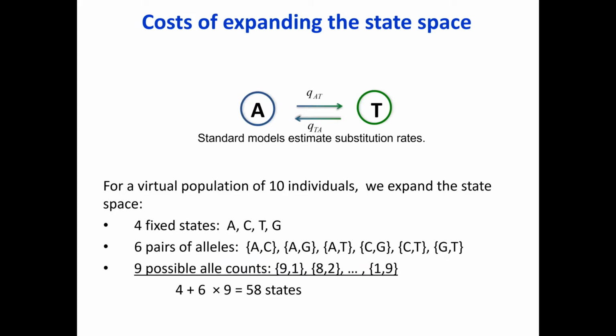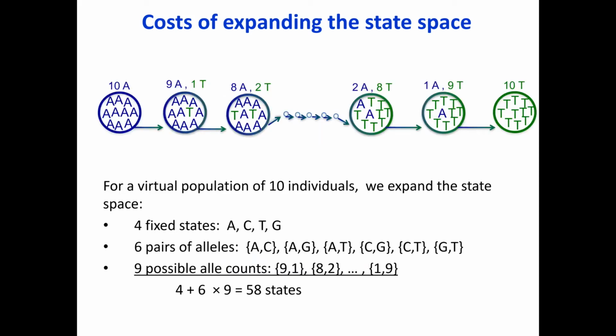And we increased the state space. So now, obviously, this comes with a computational cost to have a larger state space, but it's actually not so bad. To make an example here, this would be a virtual population of 10 individuals. We have 4 fixed states for the nucleotides. We have 6 possible allele pairs, and intermediate state counts, we have 9.